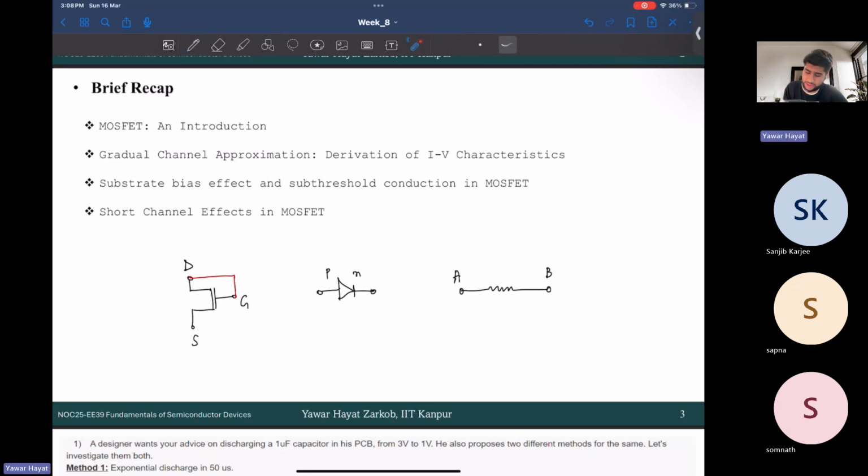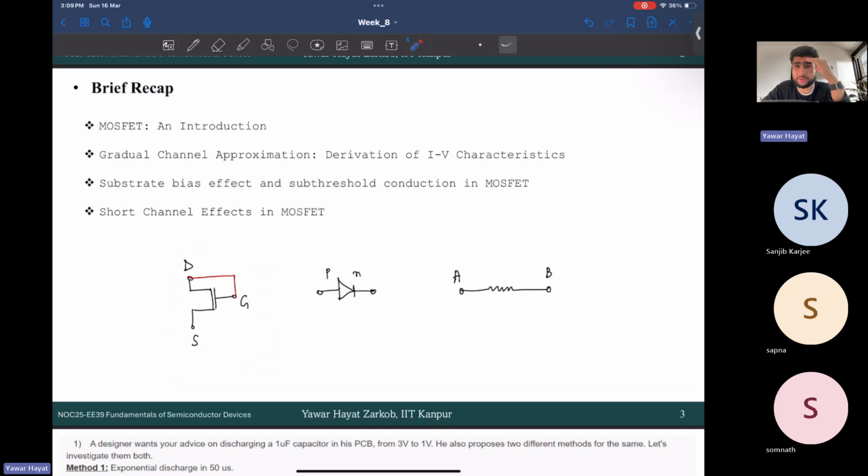Is there anything special about this? Normally in our MOSFET, the drain and gate terminals are not connected, right? What if I short them? It will form a diode, sir. Good. In terms of MOSFET, this is called a diode connected MOSFET.